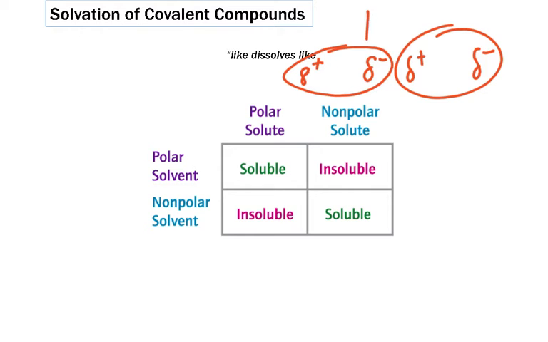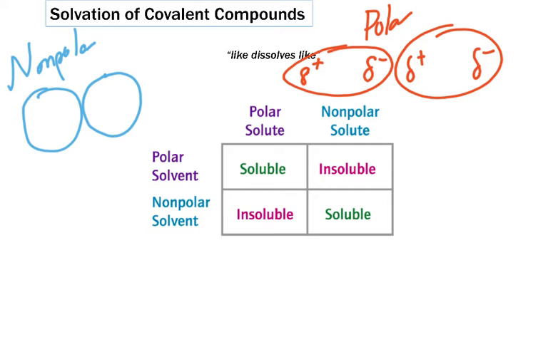But a nonpolar molecule has no charge imbalance, no partial charges anywhere around, and they tend to stick together, just like polar molecules stick together, and they don't like to interact with each other.